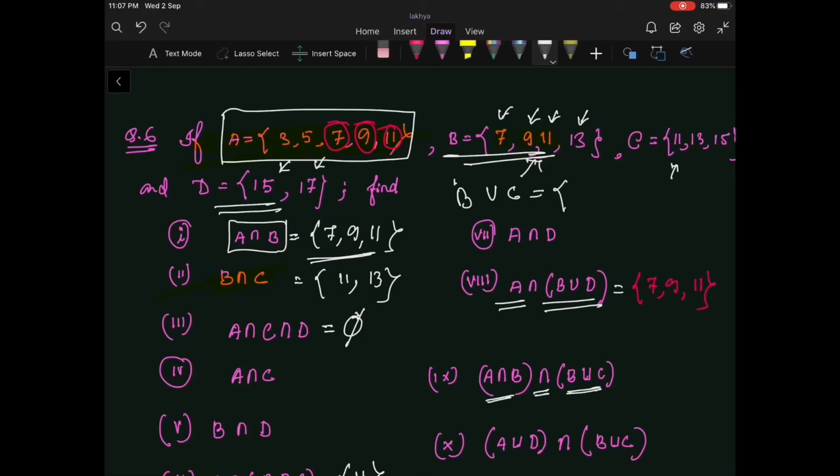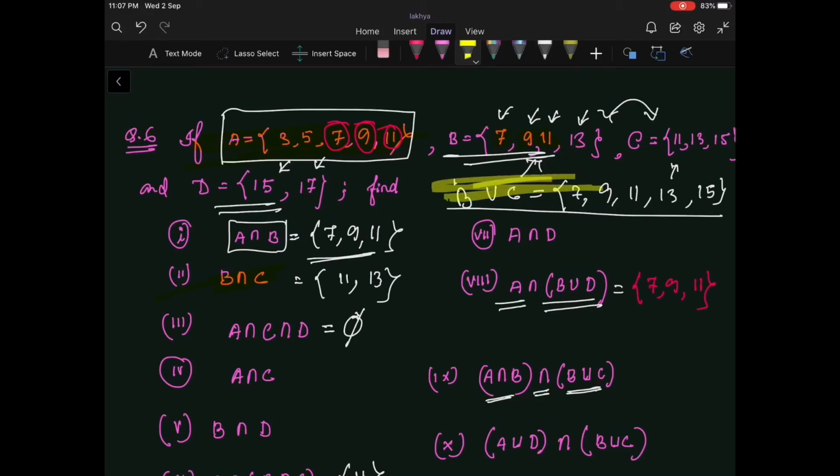When you do union, you have to write all the elements in these two sets. Okay, that's 7, 9, 11, 13, and 15. Okay, this is B union C.